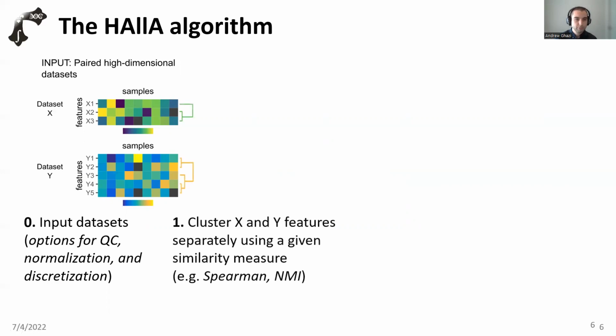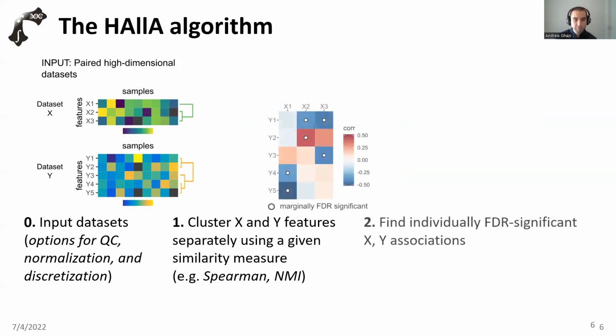So the first step is to compute clusterings of the features in X and Y. And this is with some similarity metric, like, for example, Spearman correlation. And then separately from that, we take the all versus all association matrix and find individual pairs of features that are FDR significant.